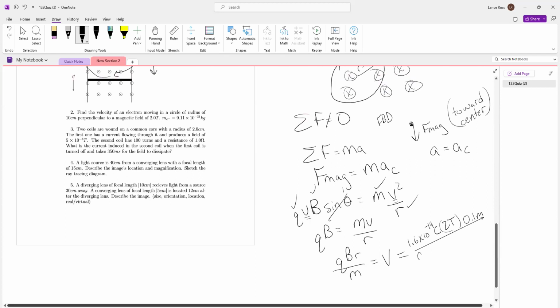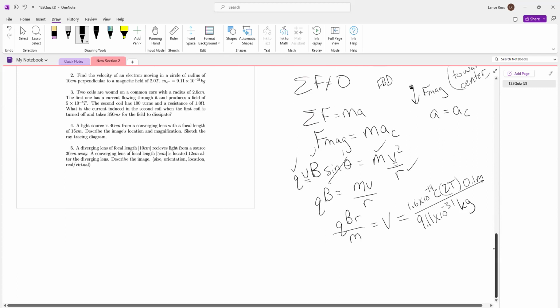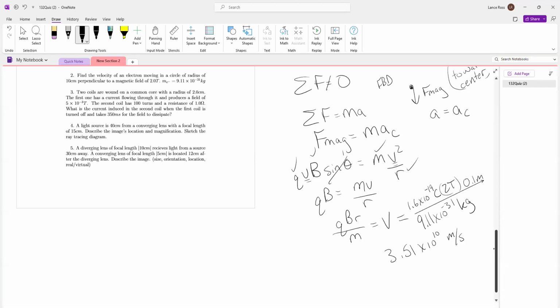And the mass of an electron is 9.11 times 10 to the minus 31 kilograms. Number crunching. Get 3.51 times 10 to the 10th meters per second.